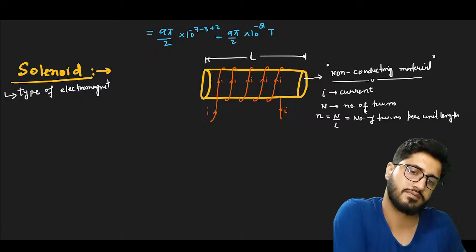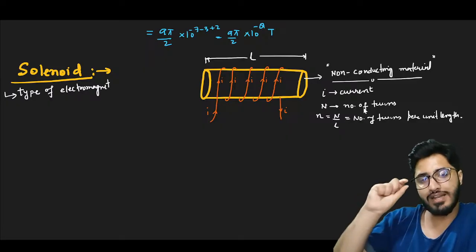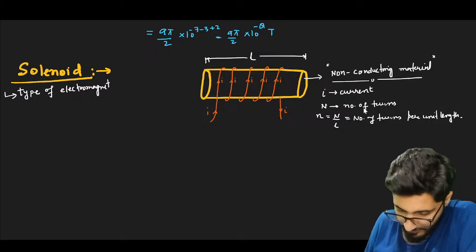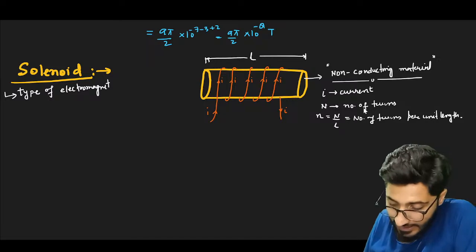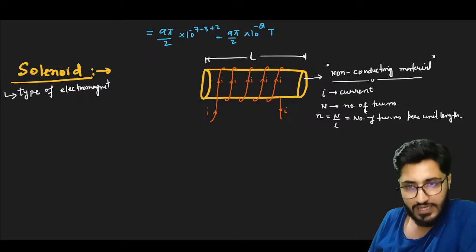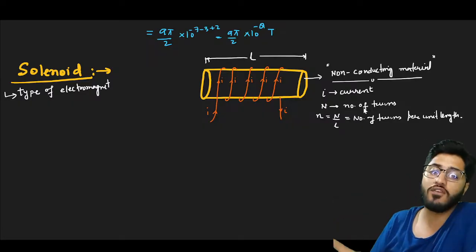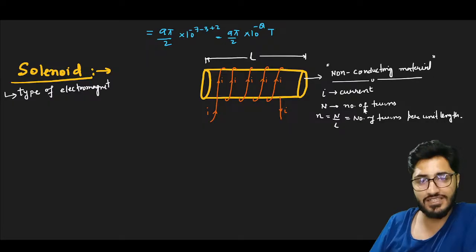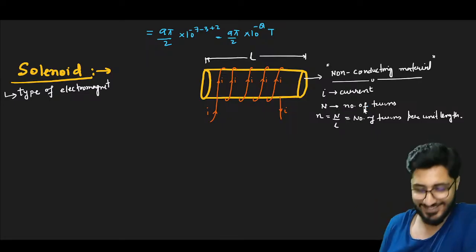If you find I is current, capital N means number of turns, small n means number of turns per unit length. If we are talking about an electromagnet, that simply indicates a magnetic property gets created due to the flow of electricity. If no electricity is there, no magnetic effect is there, because we are dealing with the chapter magnetic effect due to electric current.